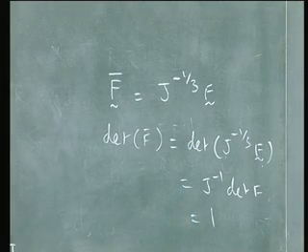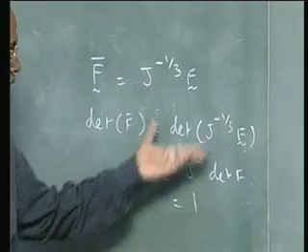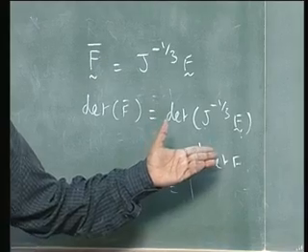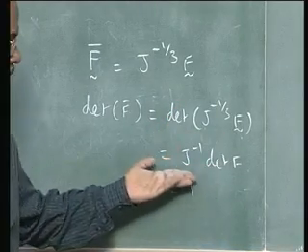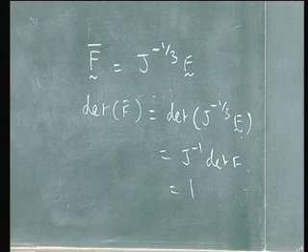This is from simple theory of determinants: because this is 3 by 3, you multiply every term by J to the power minus 1 by 3, so J inverse determinant of F, so that equals 1.